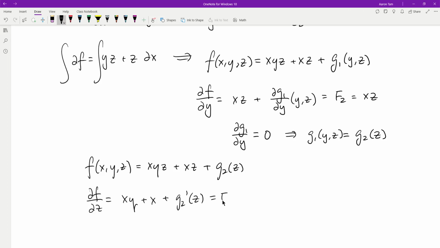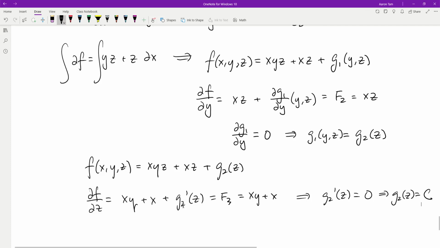And that should equal f3, which is xy plus x. So therefore, this implies that g sub 2 prime of z is just equal to 0 also. And therefore g sub 2 of z is just equal to some constant. That does not involve z, because otherwise the derivative wouldn't be 0.